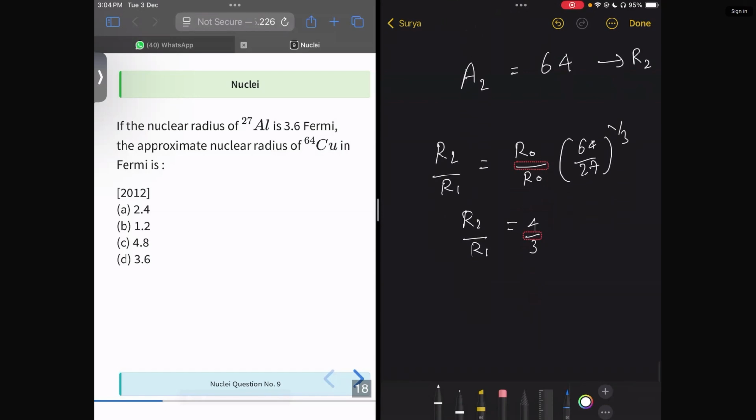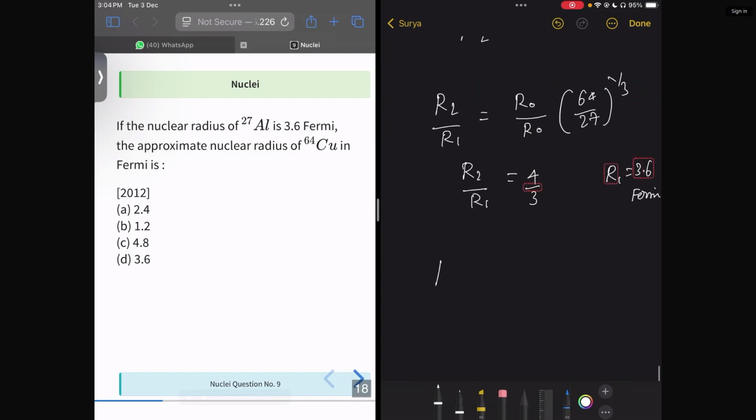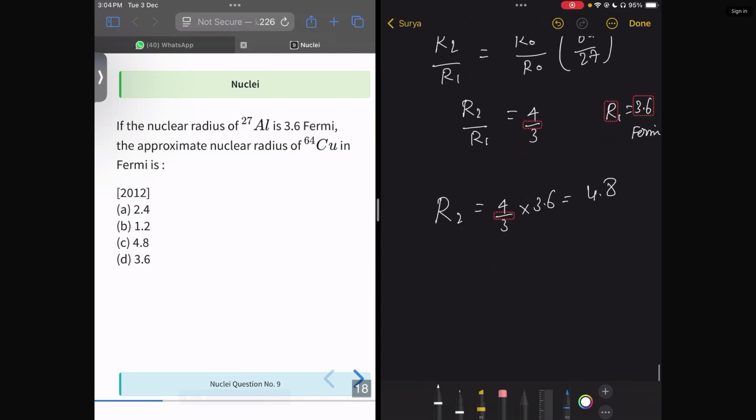R2 is the radius of copper. So you know R1 they had given as 3.6 Fermi. If you substitute, R2 is equal to 4 by 3 into 3.6, it will be 4.8. R2 is the radius of the copper atom. So 4.8 Fermi. So option C is the right answer.